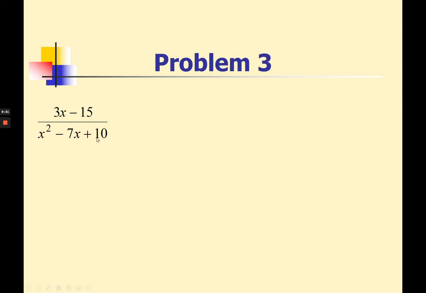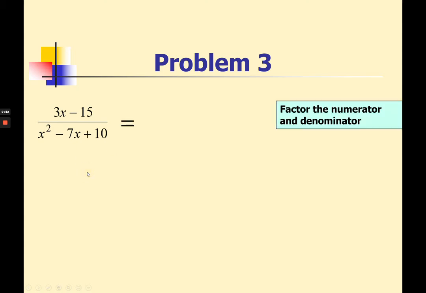Since it's positive, your factors should both be negative to come up with negative 7. Negative 2 and negative 5 will add up as negative 7. We factor out only 3 on the numerator. Both should be negative, so that when you check by FOIL, it gives you a negative 7x.